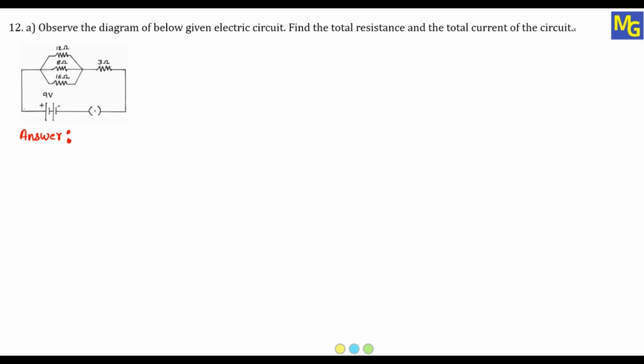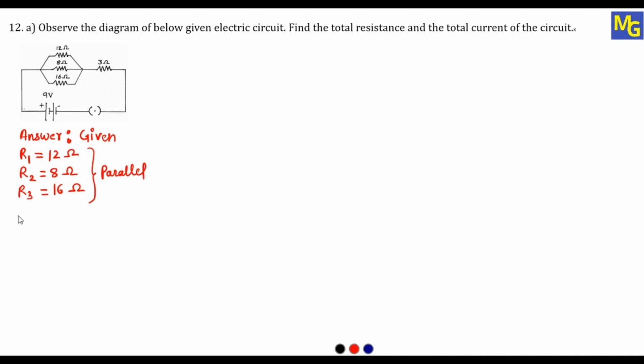First we will write down all the given values, and then we will start solving. So here we will write Given. What values do we have? We have 4 resistors. The resistors which are connected here in parallel, we will write as R1, R2 and R3. So I'll write R1 is 12 ohm, R2 is 8 ohm, R3 is 16 ohm, and these are all connected in parallel, so I'll write parallel here.